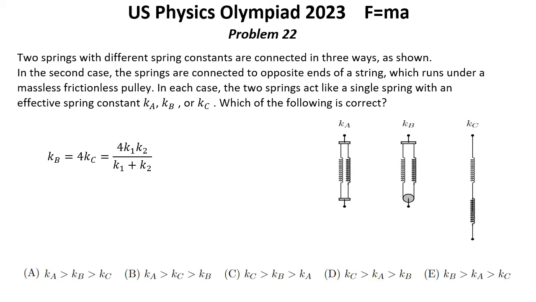So Kb is greater than Kc, but Ka is greater than Kb, because the arithmetic mean is greater than the geometric mean. The correct answer is A. That was the solution for problem number 22.